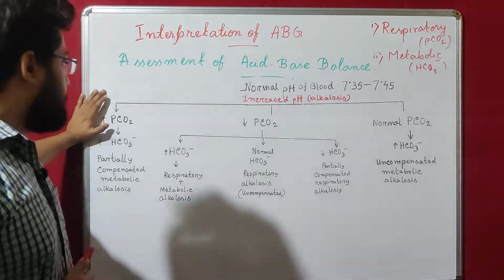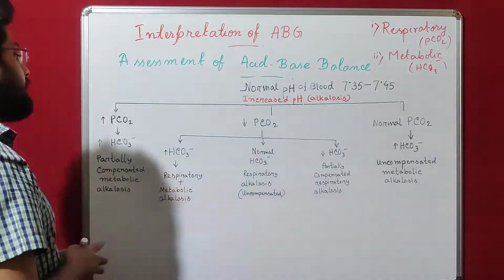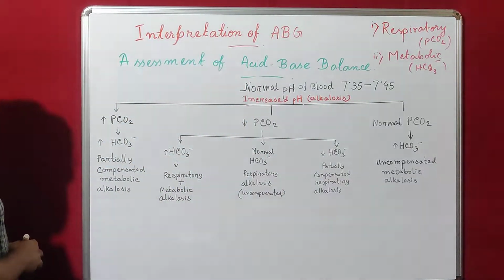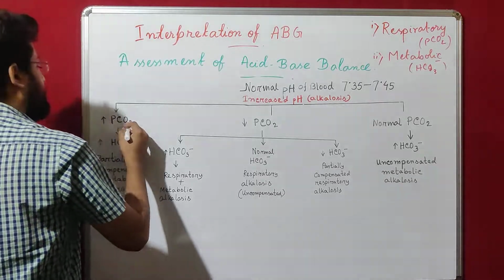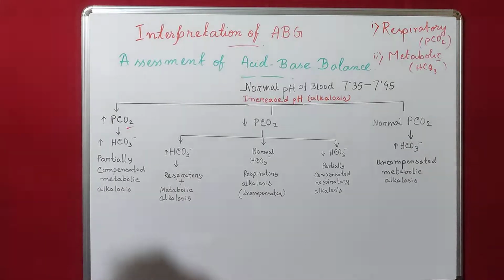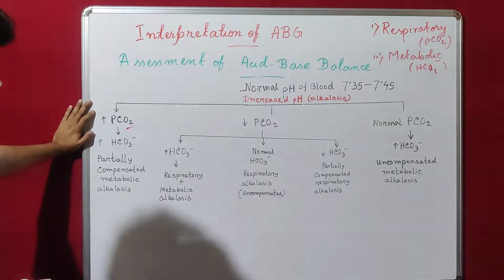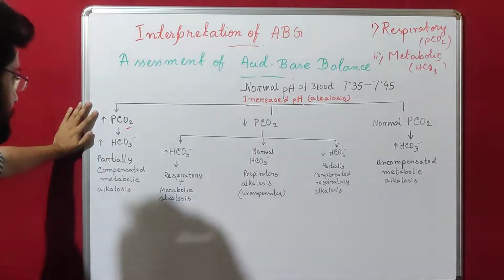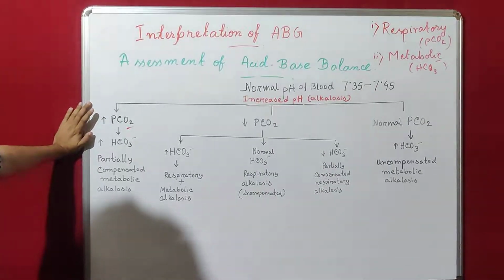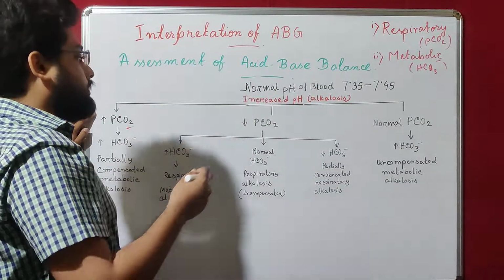So again, let's start from the first one. Let's say we have a report where pH is increased, that is, alkalosis is present, but the PCO2 is also increased. Now, as I have already mentioned, if PCO2 is increased, then the tendency of the solution will be towards acidic.